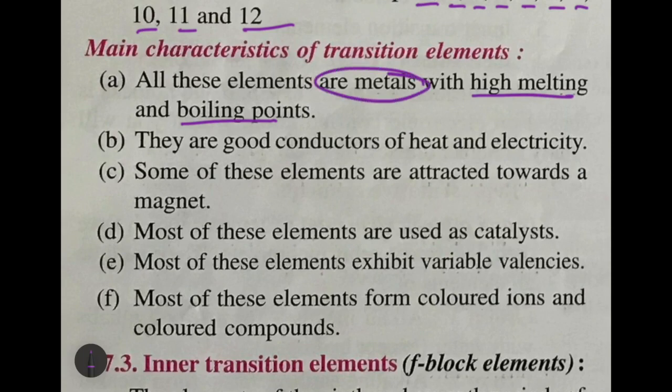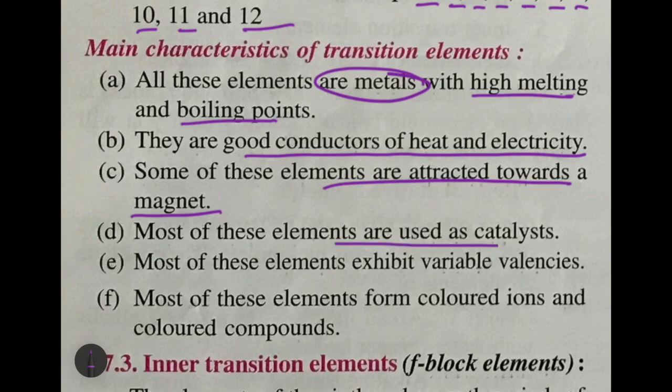Okay, since they are all metals, they are good conductors of heat and electricity. And some of these elements are attracted towards a magnet. And most of these elements are used as catalysts.